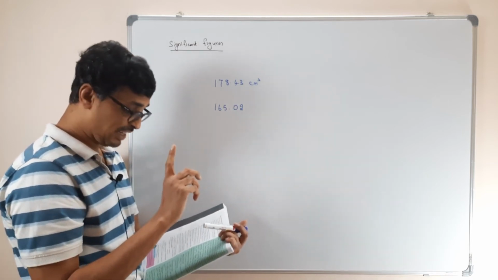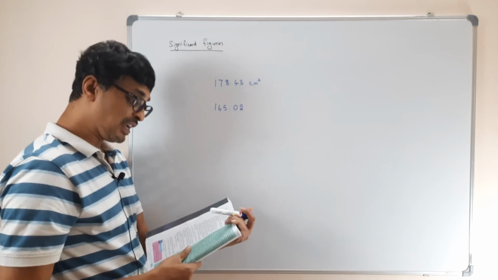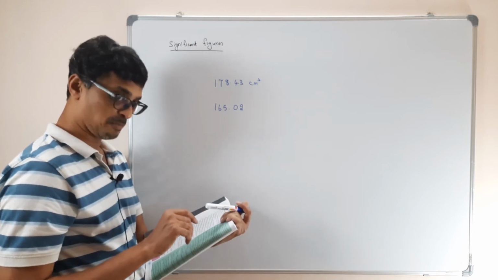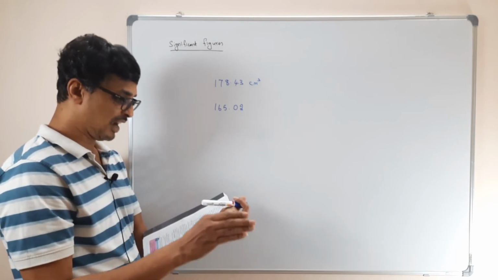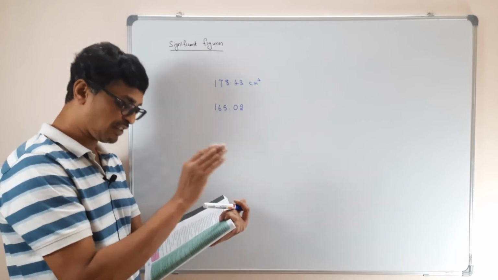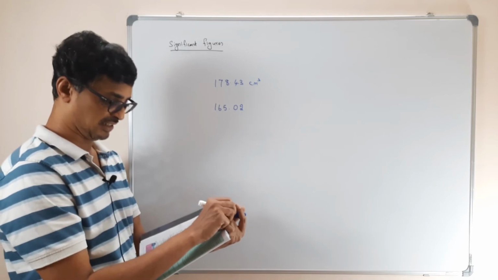And a very interesting point comes. If the number is less than 1, the zeros on the right of the decimal point and to the left of the first non-zero digit are not significant.